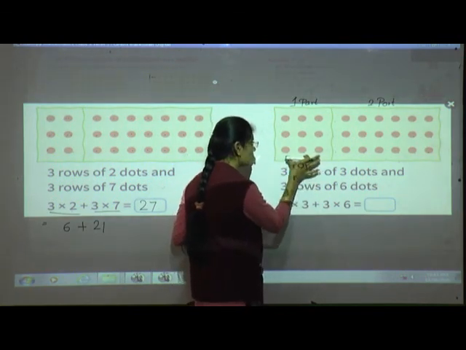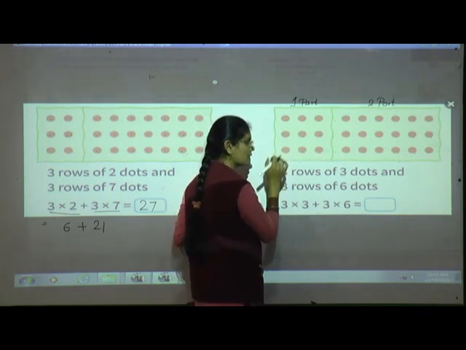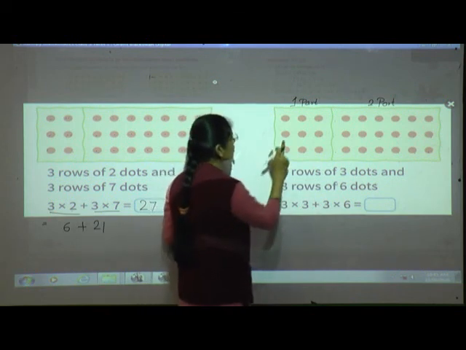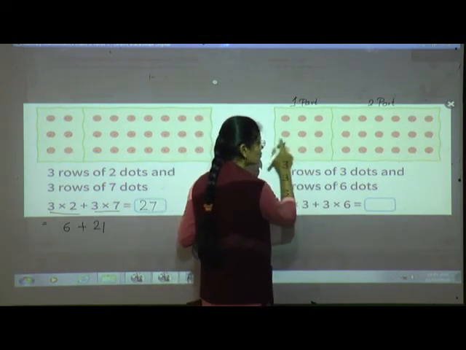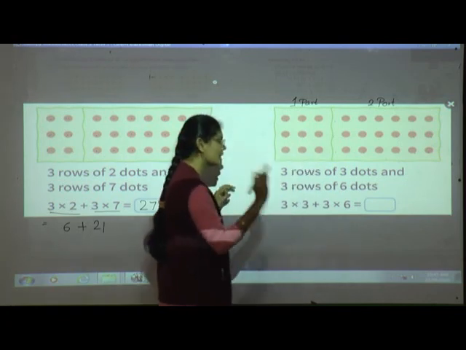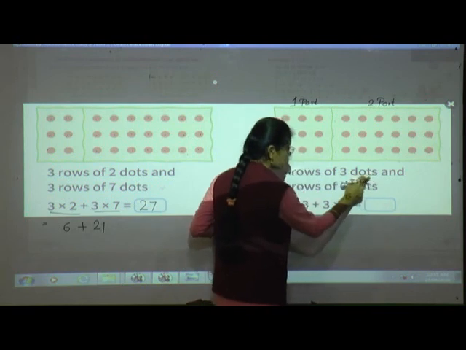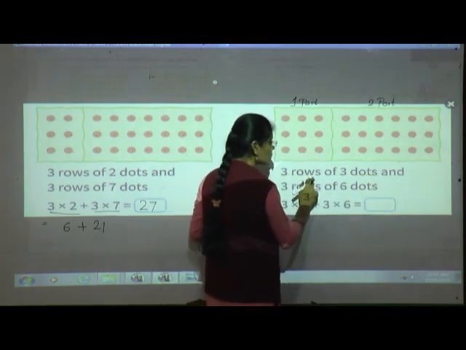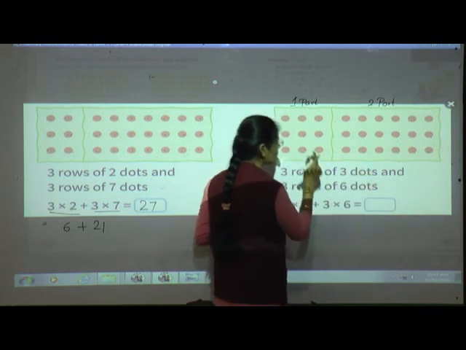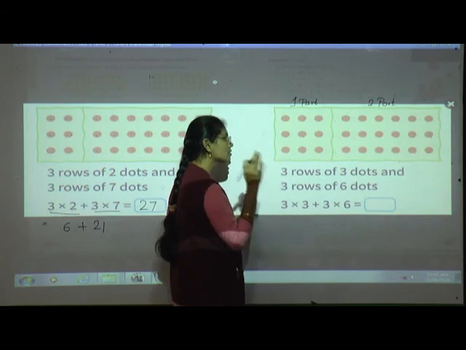Now in the first box, count in each row how many dots are there. 1, 2, 3. 3 rows and in each row we can see here 3 dots. Means 3 rows of 3 dots. This is about this box, first box. What? 3 rows of 3 dots. Means in each row there are 3 dots and there are 3 rows.